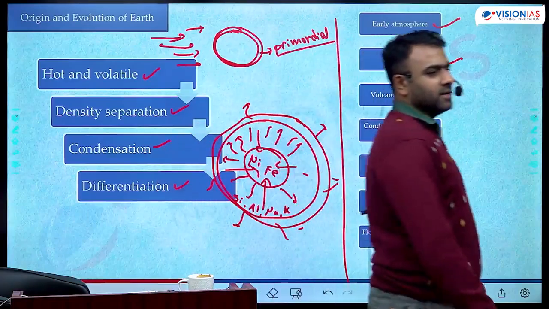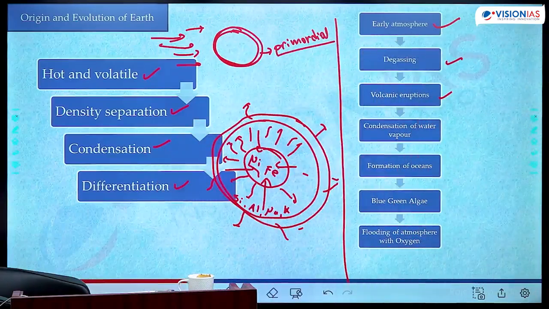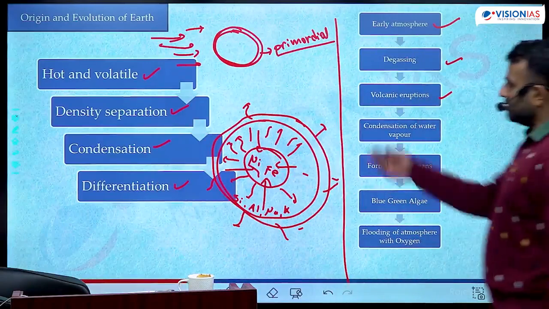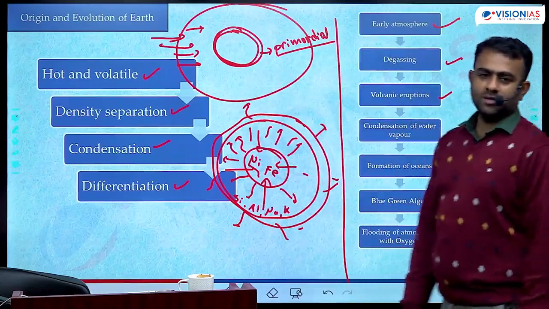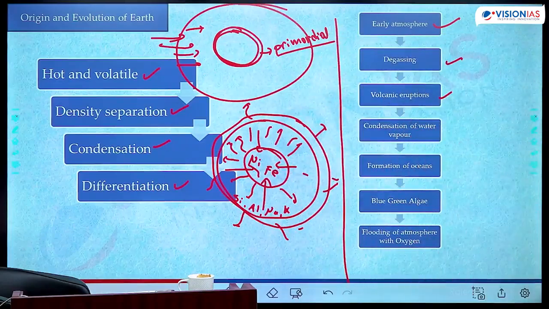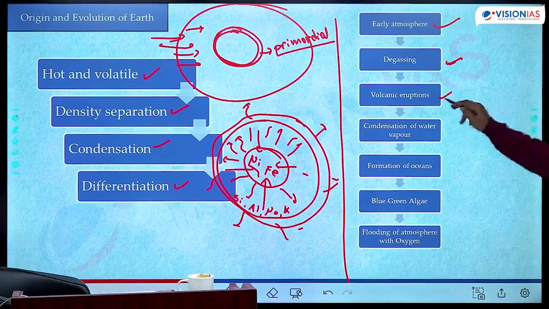All of these accumulate around the earth. A huge amount of gases will accumulate. जो original atmosphere था वो खत्म हो गया, so बड़ा सा thick atmosphere form हुआ था. A thick and dense atmosphere was formed around the earth because of degassing and volcanic eruption.